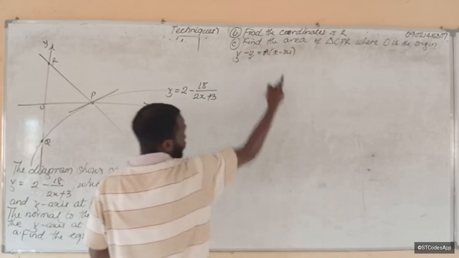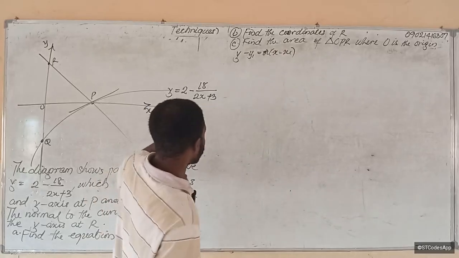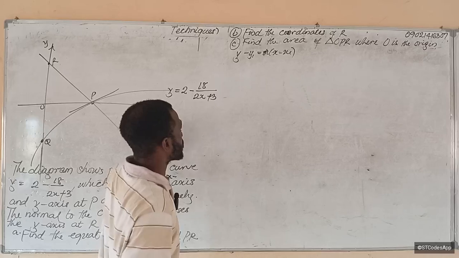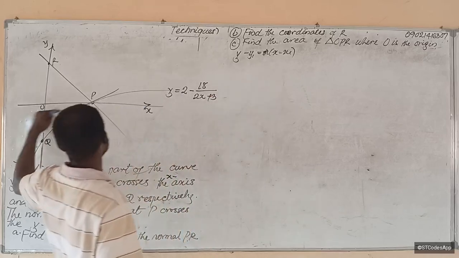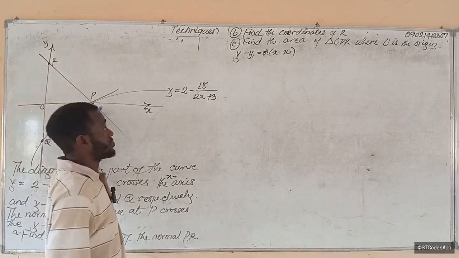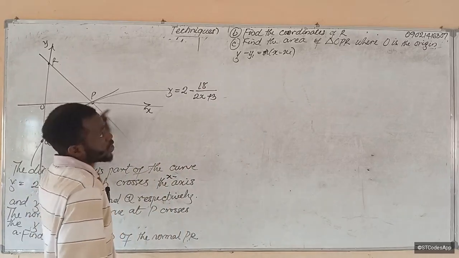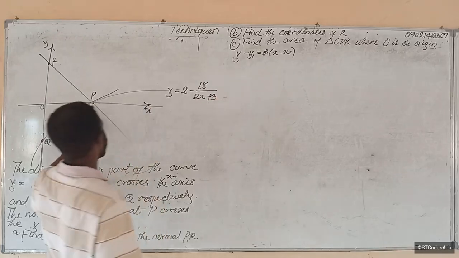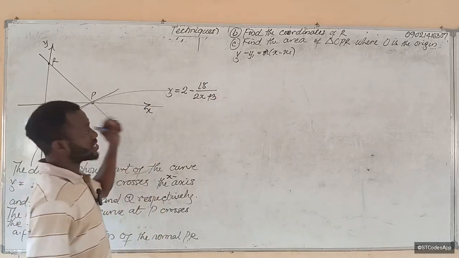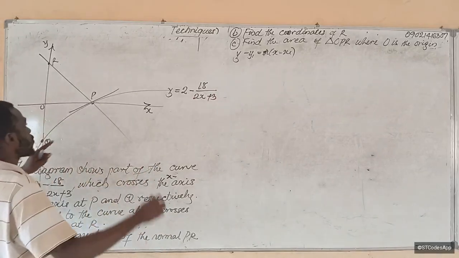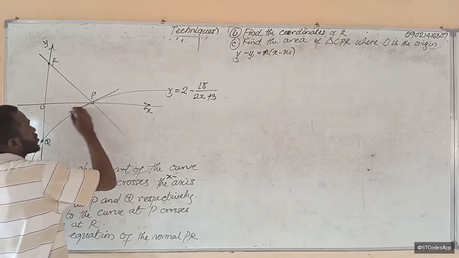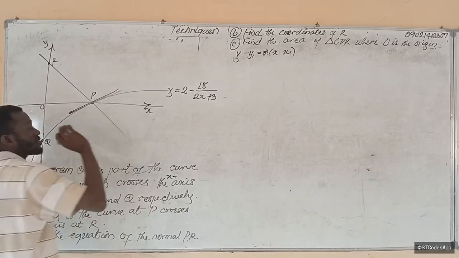So we need y1, which will be 0 here. But x1, we don't know, so we have to solve for it. Then m, the gradient, we don't know also. The normal's gradient will be the negative inverse of the gradient of the tangent, so we need the gradient of the tangent.